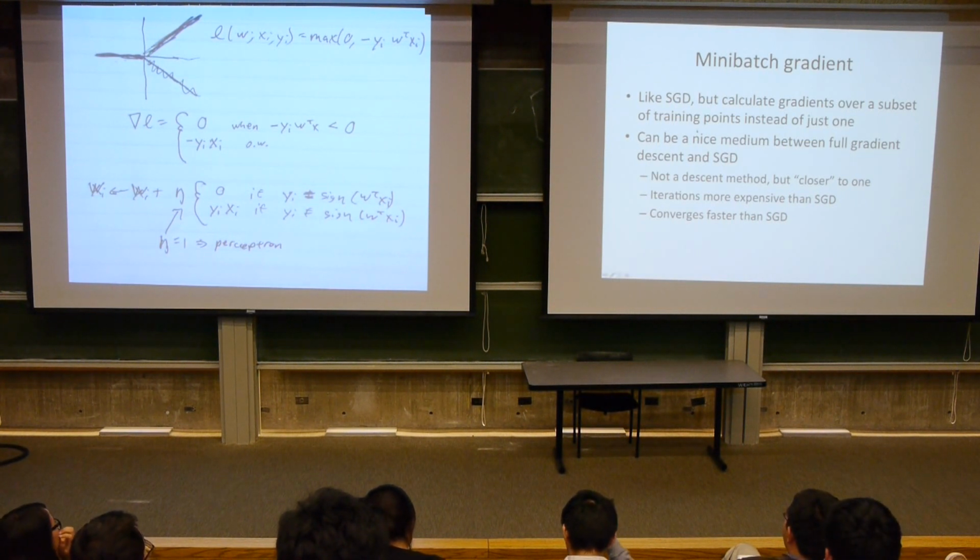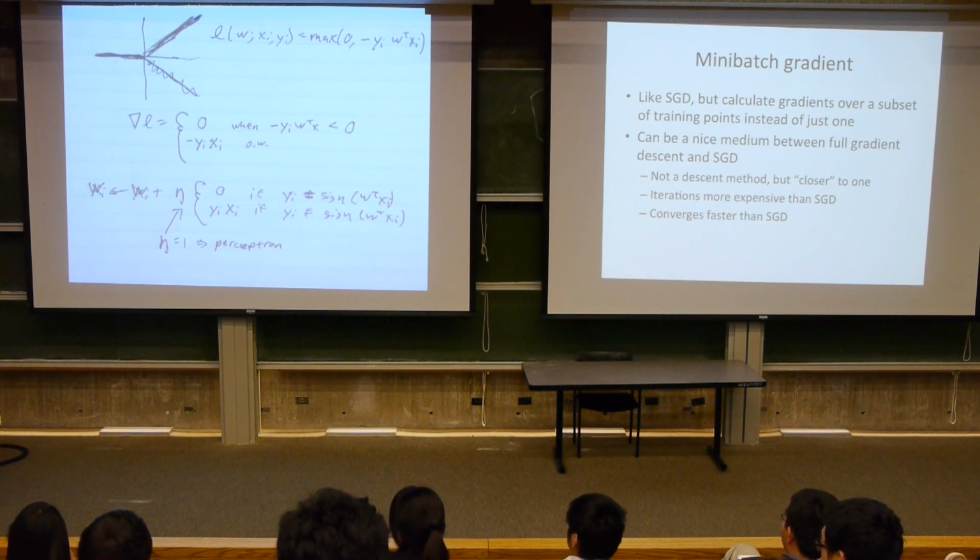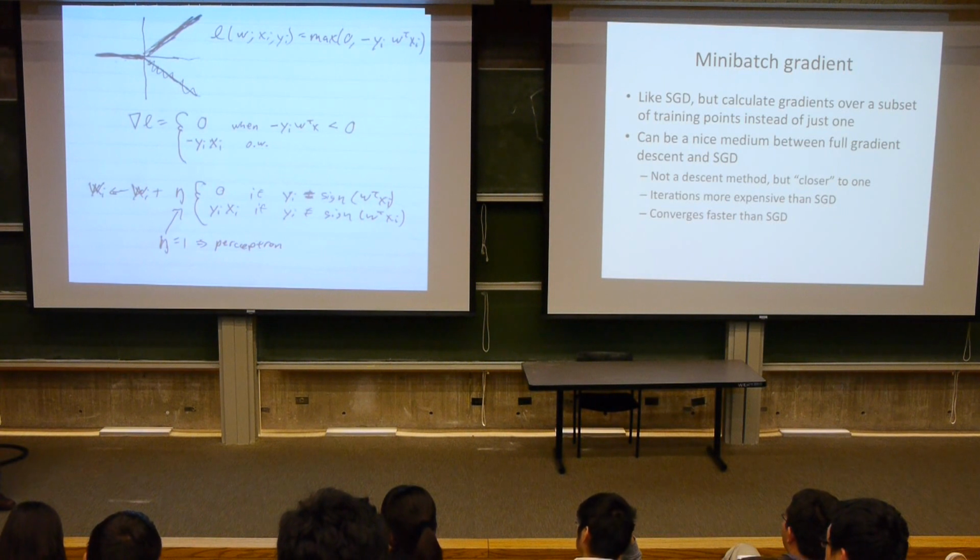In both SGD and mini batch, by the way, when you're actually implementing this, it's important to make sure that you're choosing random points or iterating over the points in a random order.